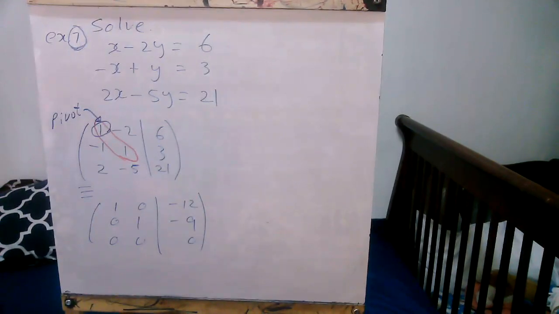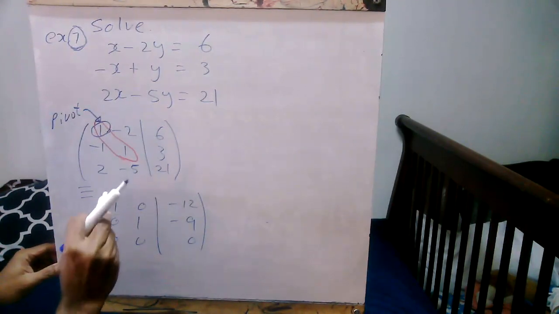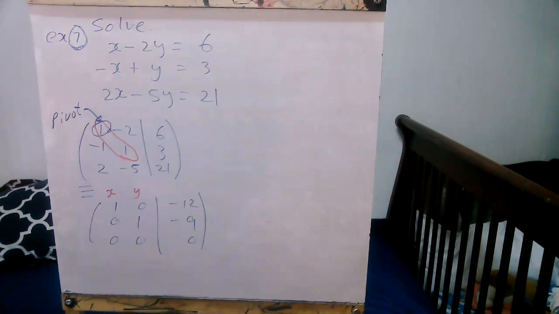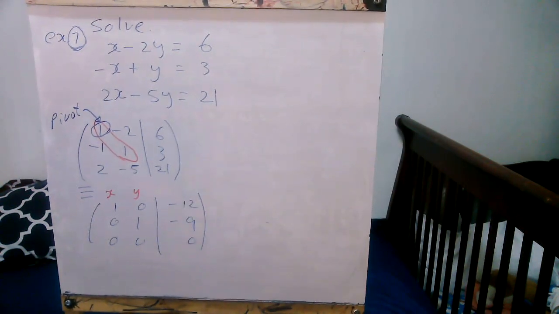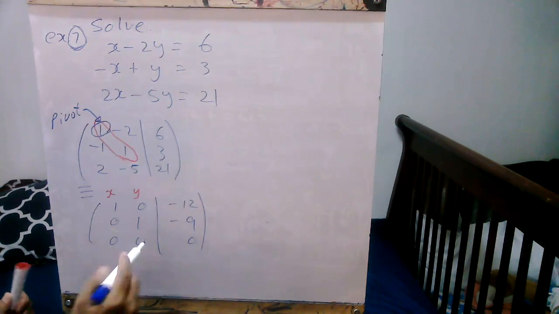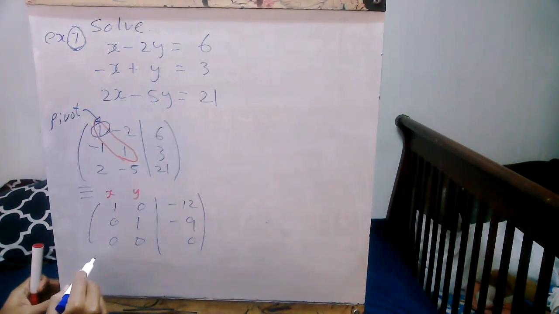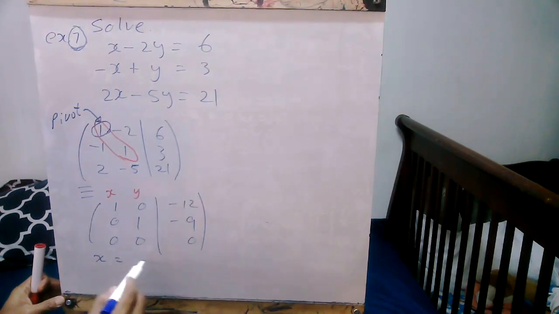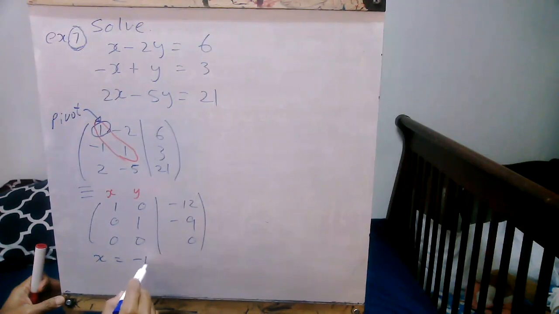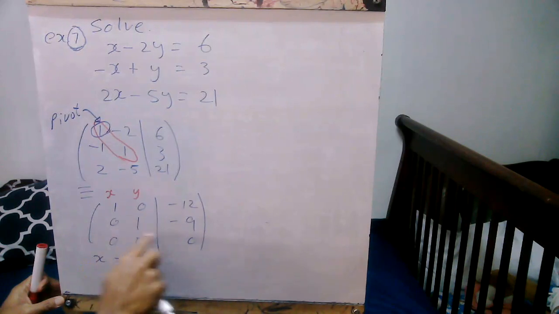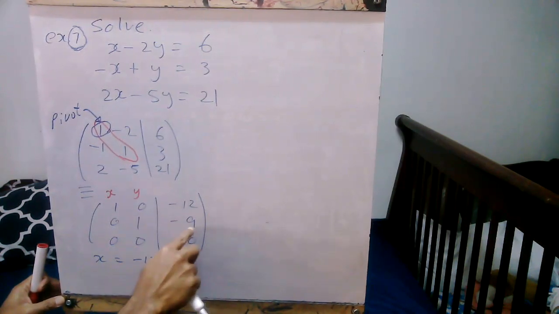Right? So the corresponding variables are x, y. Now looking at this, we can say x equal to -12, right? X equal to -12, y from this row, y equal to -9.